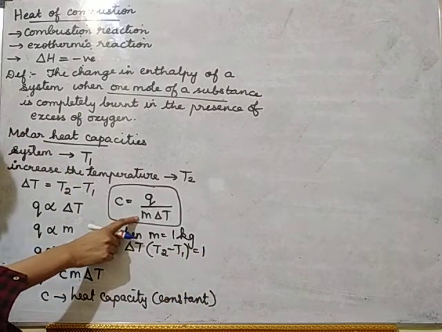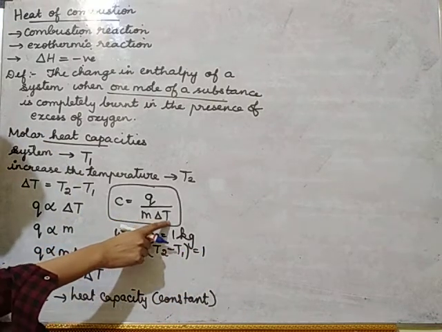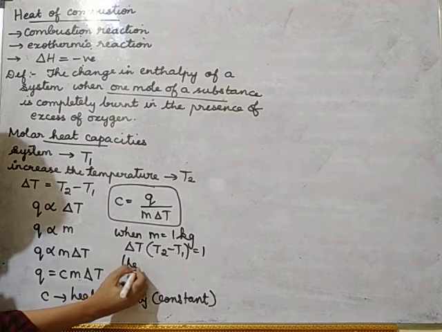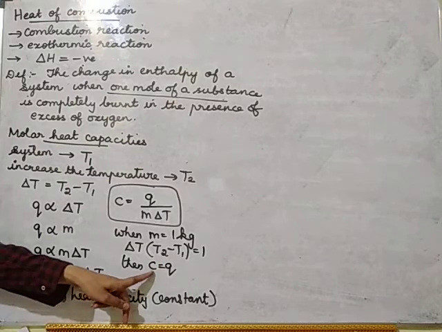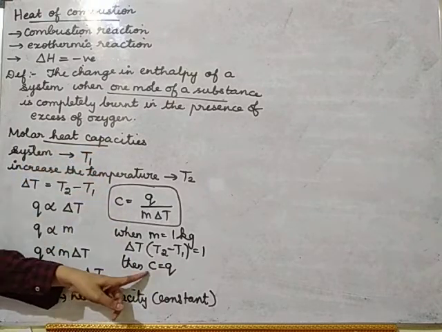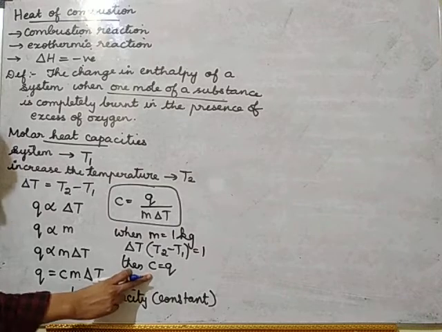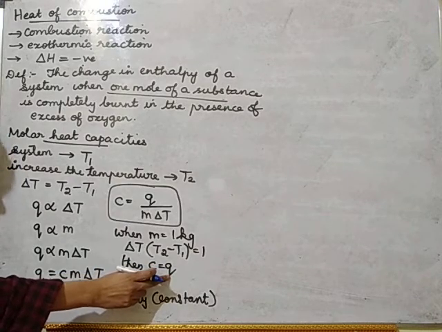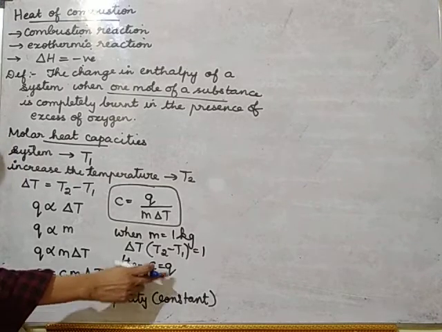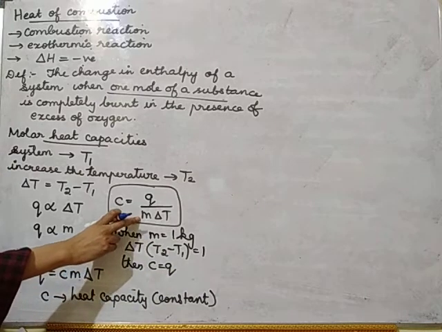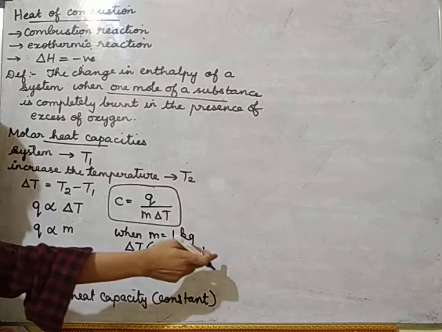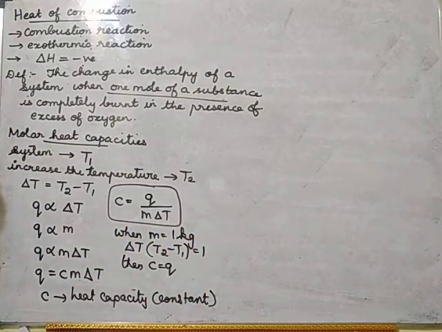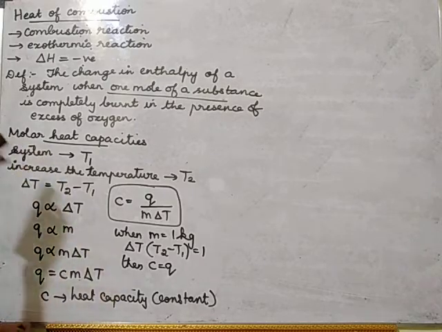So the definition: molar heat capacity is the heat given when the mass of the system is 1 kg and the change in temperature is 1 degree Celsius or 1 Kelvin. Okay, write down the definition.